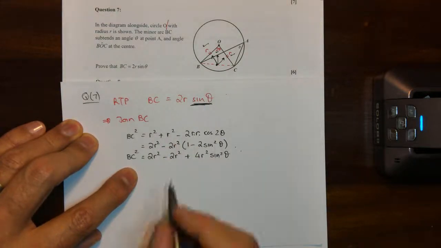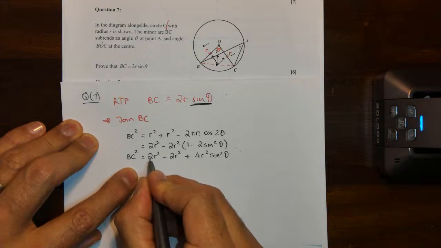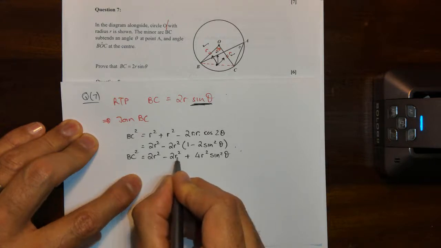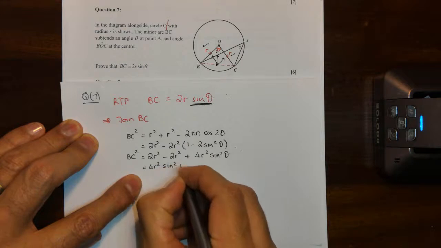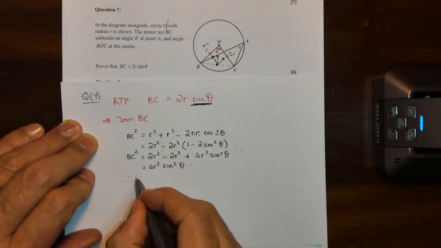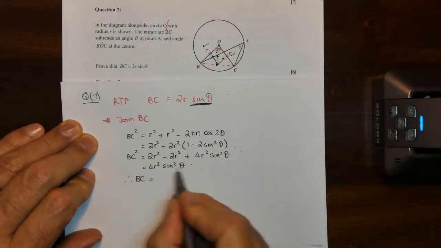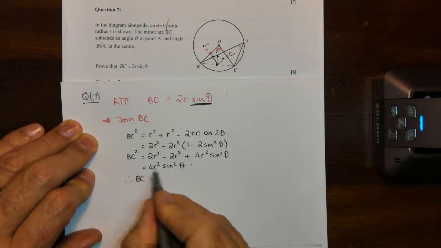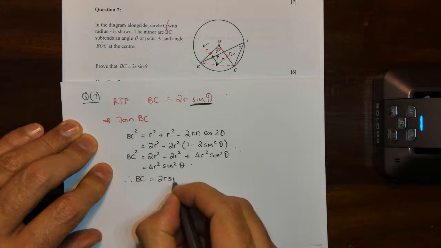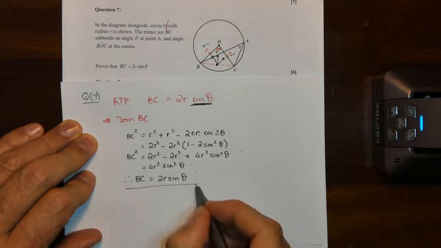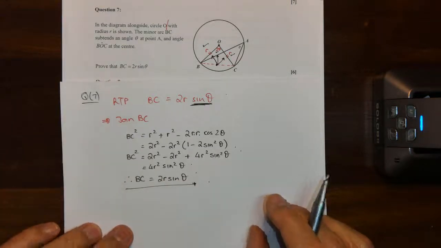Okay, let's have a look. If I now do the math, those two cancel each other out. So I have 4r squared sine squared theta. Therefore, I've proved that BC is the root of that, because this is what BC squared was. So BC is 2r sine theta, and I proved the problem.